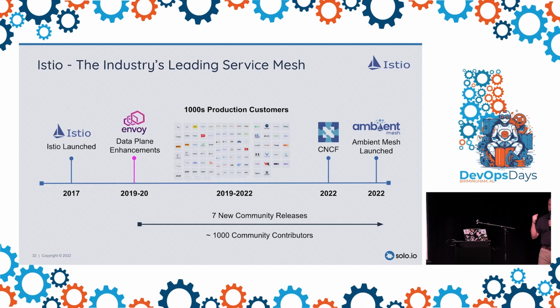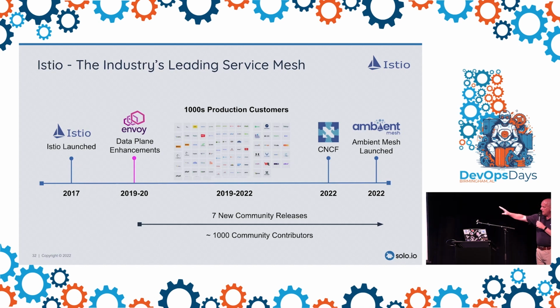So now we're concerned about things like resilience and multiple clusters, and basically scaling up some of the complexity that's associated with cloud-native services. And so Istio has quite a large following now. By most accounts, it is the industry's leading service mesh at this point. It's also been donated to the CNCF as of about a year ago now.